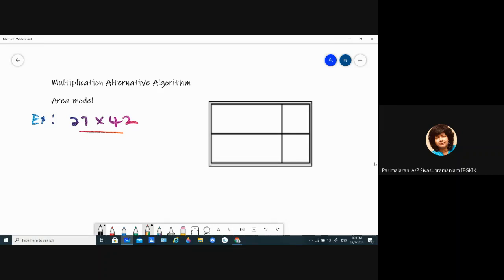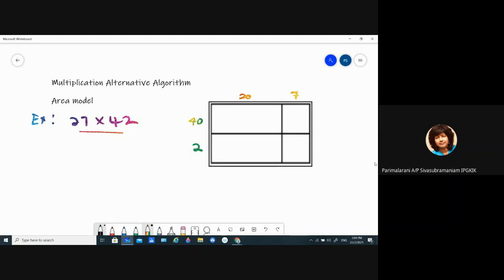These are the dimensions of the rectangle, panjang and lebar. One side is 27, so this is 20 and this is 7. The other side is 42, so we put here 40 and 2.